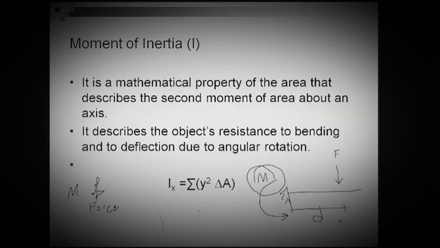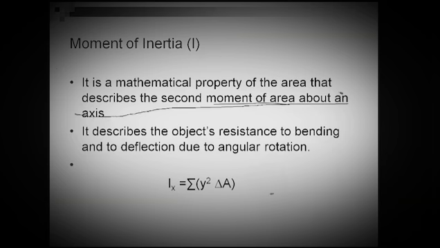Now, what we need to get at is a moment of area about the neutral axis. If I've got an object, and I know the point of interest, which is the neutral axis, is this line here, then the moment of an area would be the distance from the center of that area to the axis.